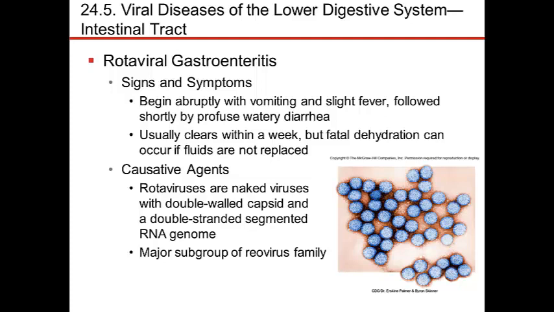The incubation period for rotavirus infection is between 1 and 3 days. The symptoms caused by rotavirus include vomiting, a low-grade fever, and that very watery diarrhea. The diarrhea usually lasts between 4 and 8 days, but may last longer in young infants or in immunocompromised patients.